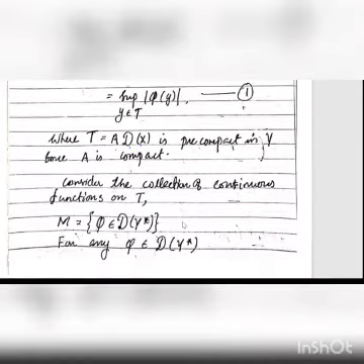Can you follow this? Modulus of phi of y is always less than or equal to norm A. See, y belongs to T, T means A of D x, that means the unit ball contained in x, so we are considering A of D x.